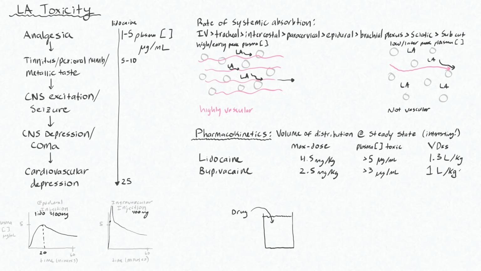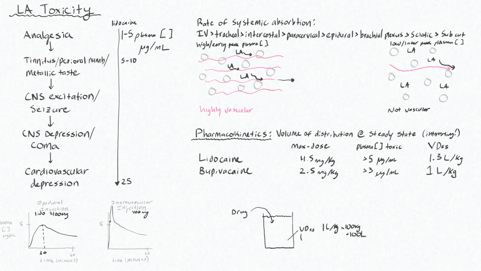So by saying bupivacaine has a volume of distribution at steady state of 1 liter per kilogram, you're saying that for a 100 kilogram person, it looks like you've put that drug into 100 liters.